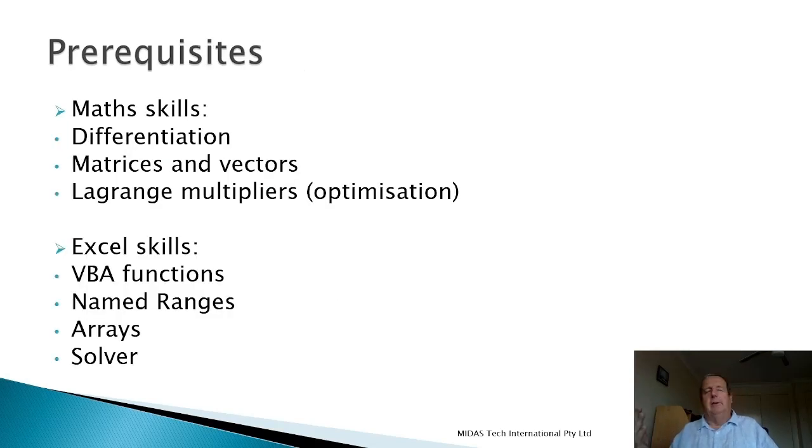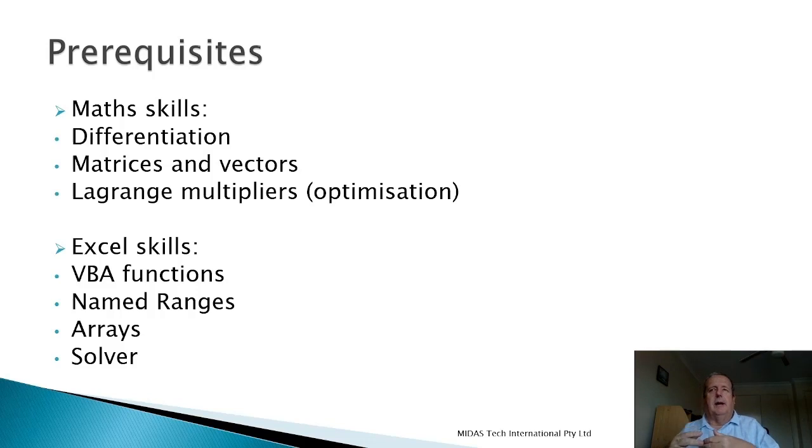Prerequisites, well, you've got to have maths. So you've got to be able to differentiate. You've got to understand matrices and vectors, but we're not doing that in much detail. I explained briefly what Lagrange multipliers are. It's a form of optimization of constrained problems. I don't go into it in depth.